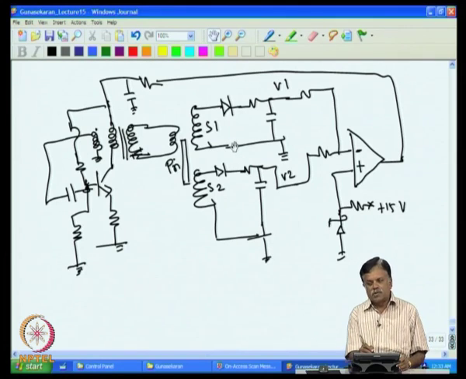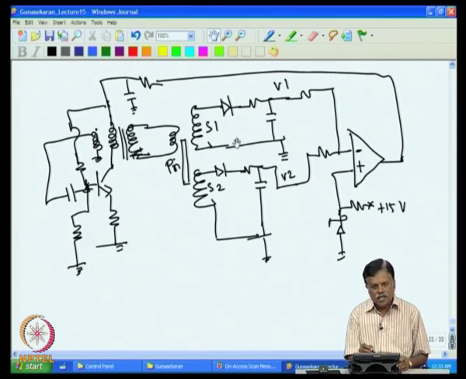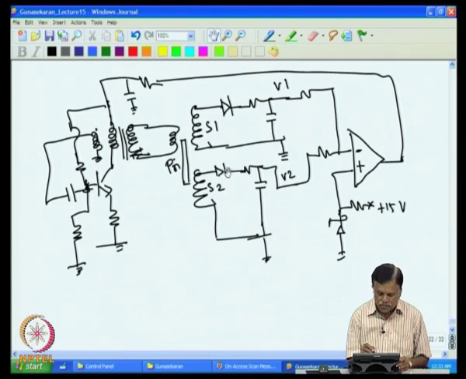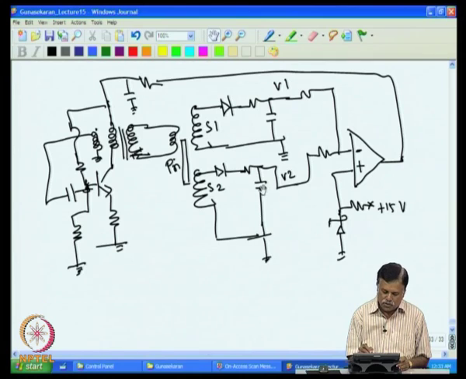So, it is 0.6 volt at 25 degree C. As the temperature increases, the voltage drop across this decreases by 2.2 millivolt per degree C. So, at higher temperature you will have only a smaller voltage across this and a smaller voltage across this. So, the simple circuit we are aiming for has this drawback. So, we will address this issue a little later.